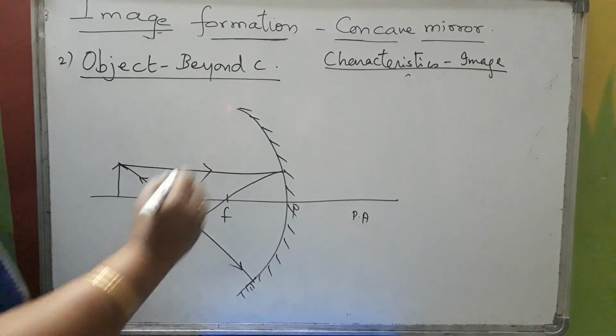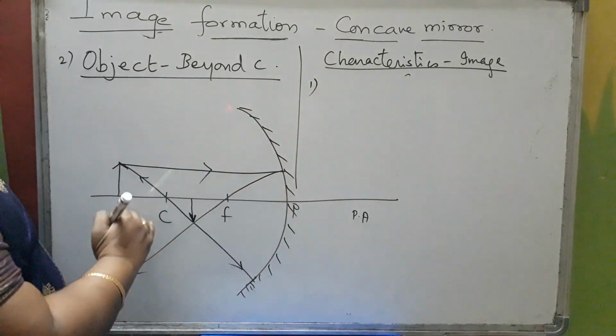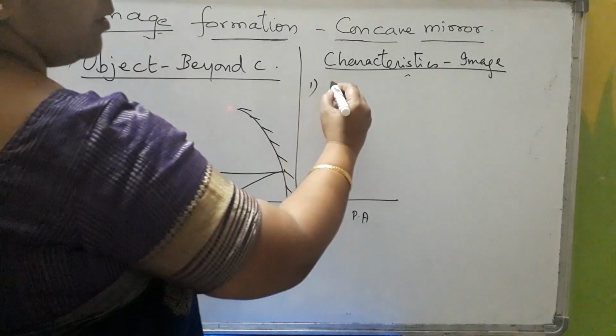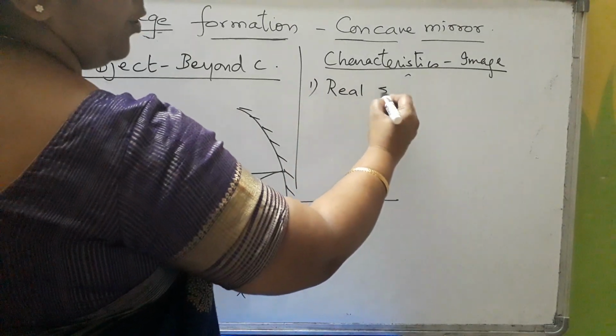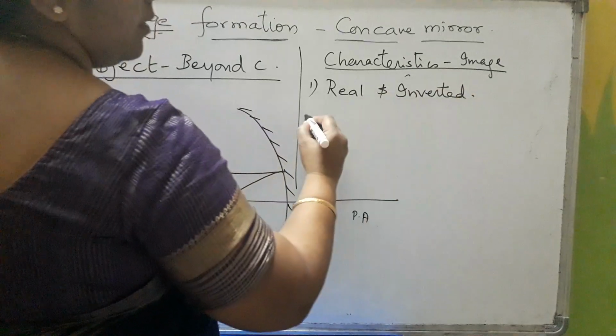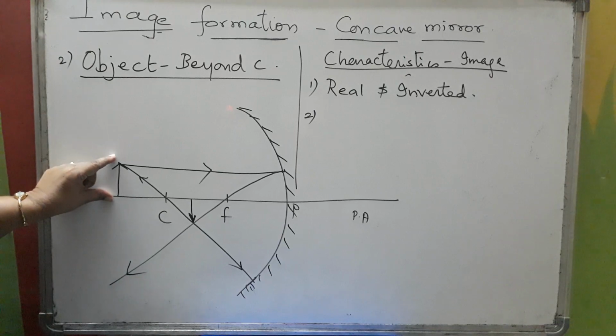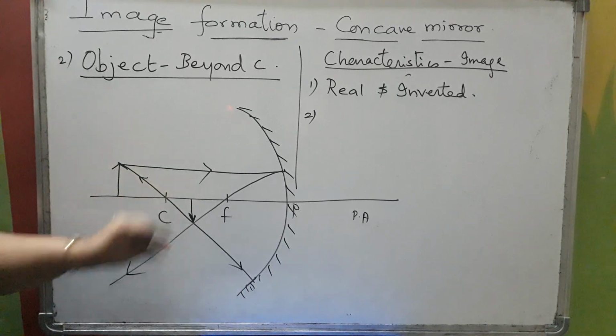What are the characteristics of the image? Number 1, the image is formed in front of the mirror. So, if it is formed in front of the mirror, you can say it is real and inverted. Then, look at the size of the object. Object is this big, image is a little small.